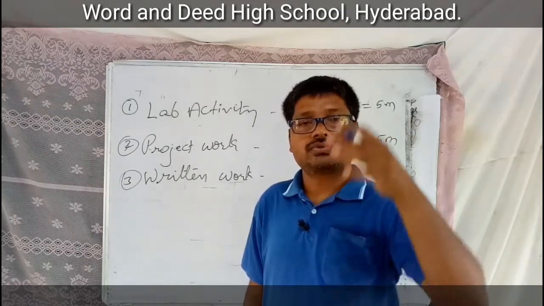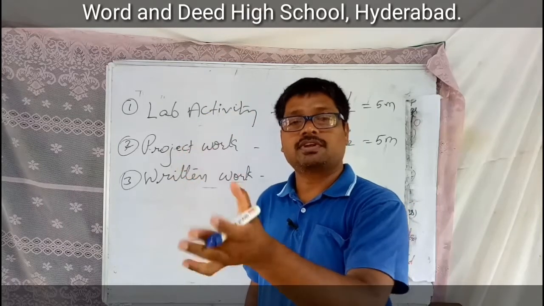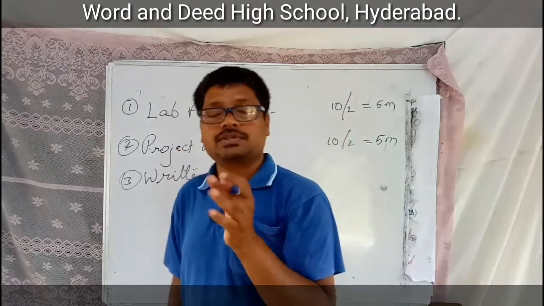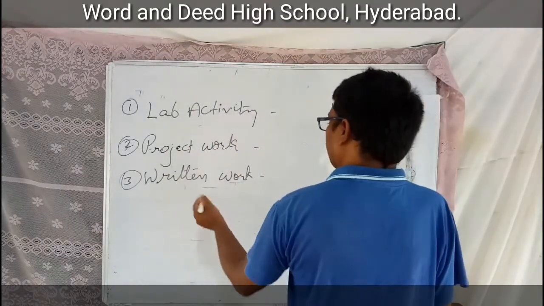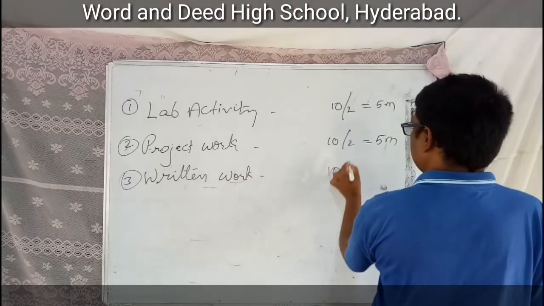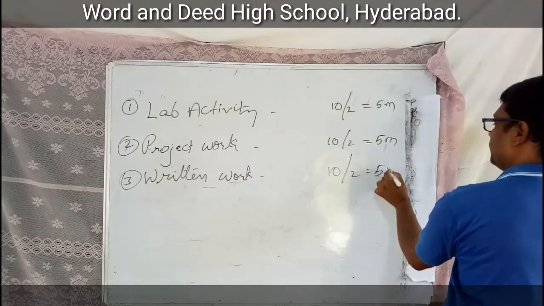All the lesson names you should write on the first page after the cover page, that index page you make. In that you have to present all the lesson names, and that you have to post. That also carries 10 marks, and that will also be divided by 2, then that carries 5 marks.